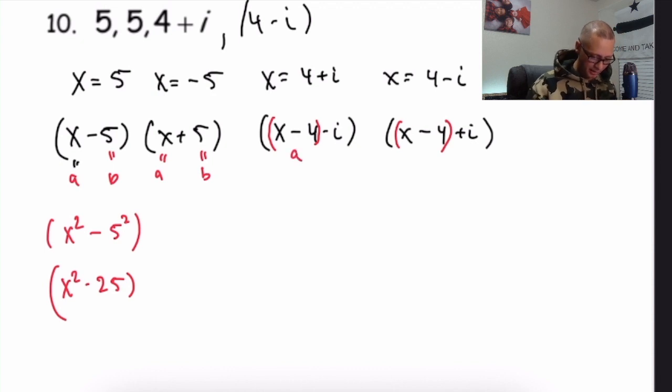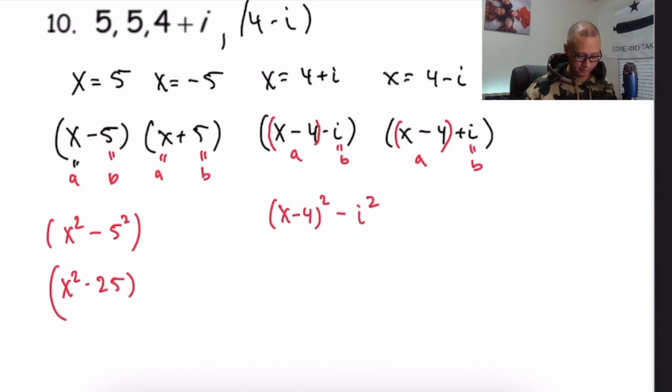So this is like my A. And the i is the B. So I have A minus B, A plus B. So this is a difference of squares. So this is going to be x minus 4 squared minus i squared. And that's nice because i squared is just negative 1, and it's going to flip the sign. So x minus 4 squared plus 1.